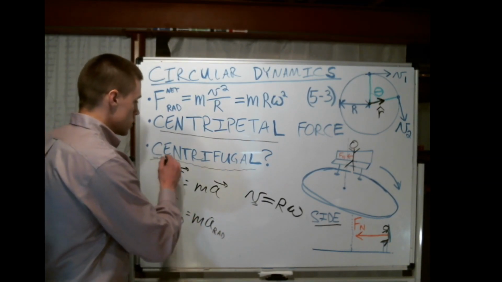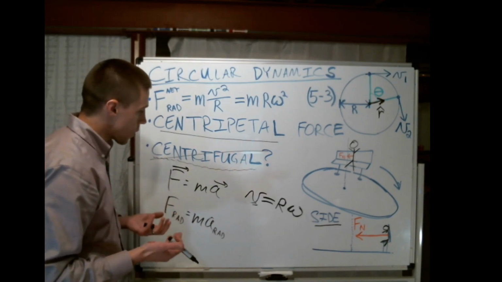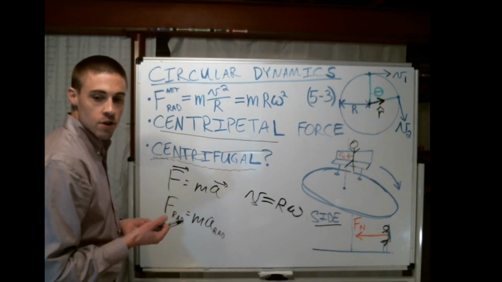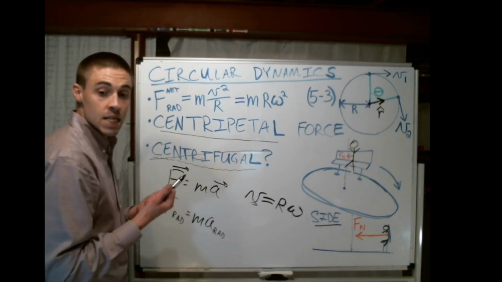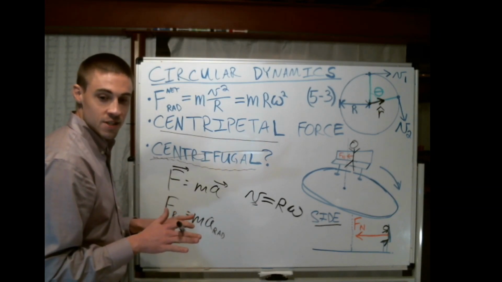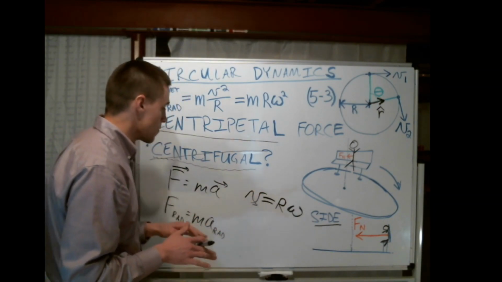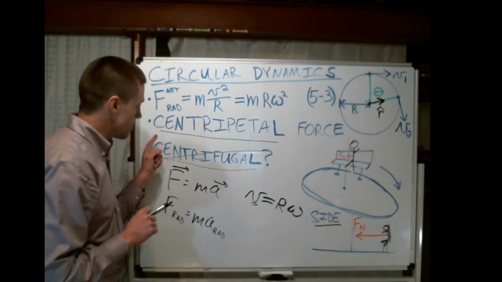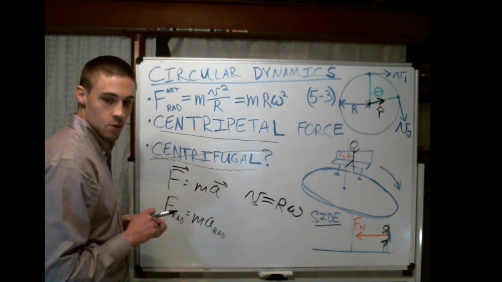The idea of a centrifugal force is something you're only going to deal with if you go on to solve mechanics problems in non-inertial reference frames, and you're not going to do that in an intro physics course. So you can get rid of the idea of centrifugal forces for now. It's the centripetal force, the one pointing in towards the center, that you're concerned with.